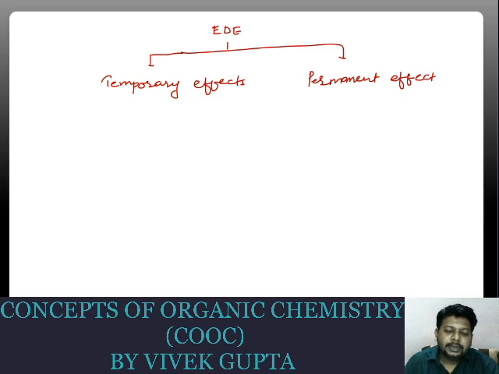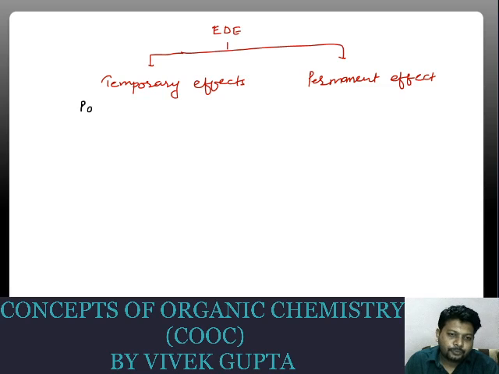What does it mean? A temporary effect is the effect that appears only at the time of attack of some species on the given molecule. If you study the molecule in an isolated environment, then there will not be any polarity on that molecule, or there will be lesser polarity, but at the time of attack the molecule will acquire a greater polarity or become completely polar. Then in that case we will call it a temporary effect.